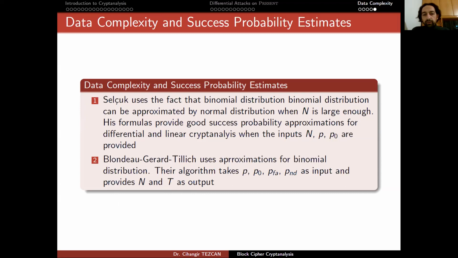You can even use it for, I think, impossible differential attacks and so on. And it looks at the problem from a different perception. So you don't need to decide n yourself, but you decide the false alarm and non-detection probabilities, which will eventually give you the success probability.